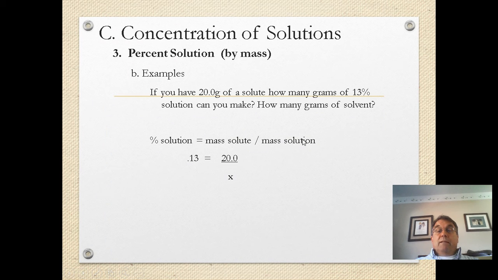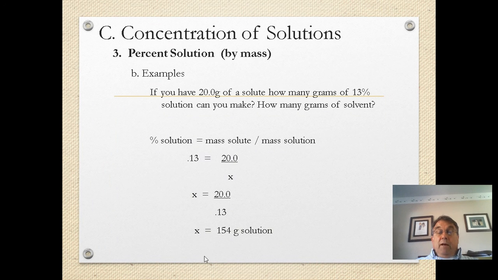We want to know how much solution we can make if we only have 20 grams of solute. So to solve for X, first thing we have to do is get X in the numerator. So easiest way is to cross multiply and then divide. So you end up with X equals 20 divided by 0.13, which is 154 grams of solution.